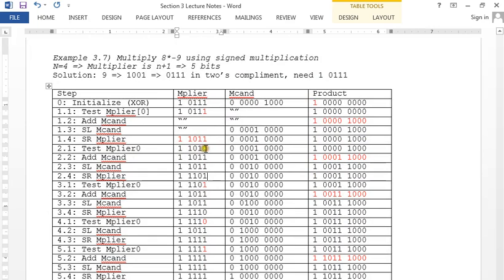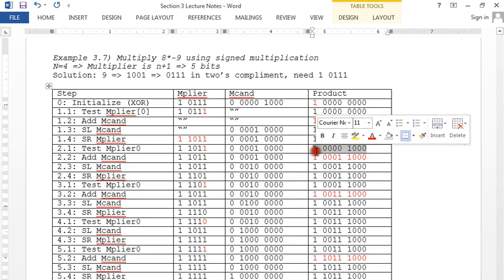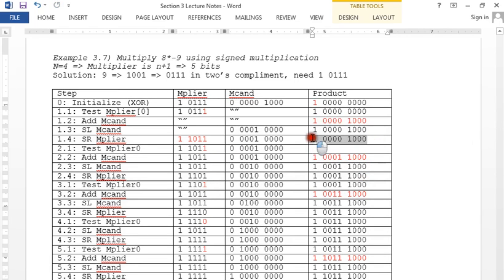So now we test the least significant bit of the multiplier. It is a 1 again. So now we're going to add it. So you see here we've added it and it becomes 1, 1. Yeah, see this is same thing. You can do that, right? Does that make sense?